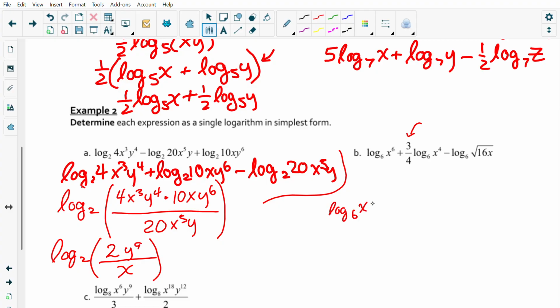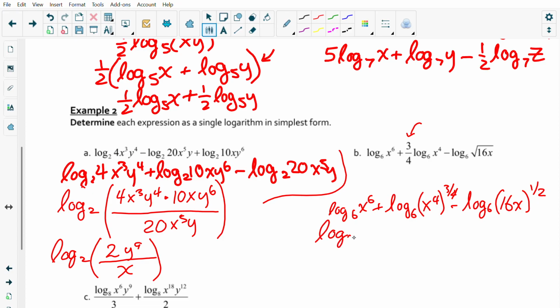Log base 6 of x to the 6th plus, so this is what I'm doing, log base 6 of x to the 4th to the 3/4. So I'm applying the power law backwards, minus log base 6 of 16x to the 1/2.